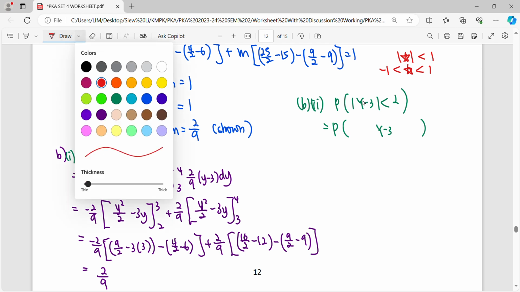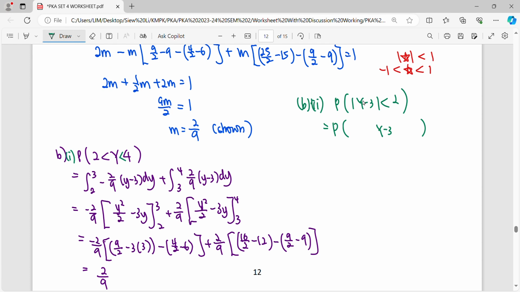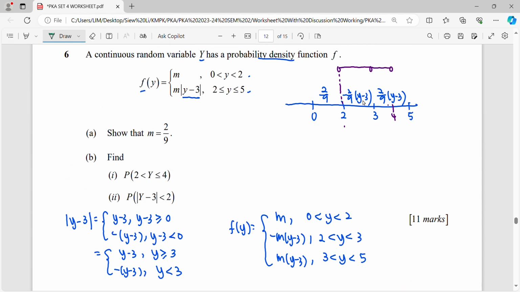So by using the definition of the modulus, it will be -2 less than y minus 3, then less than 2. Simplify first, so y is in between, plus back 3, 1 until 5. Alright, so we figure out the region, start from 1, which is here, until 5.